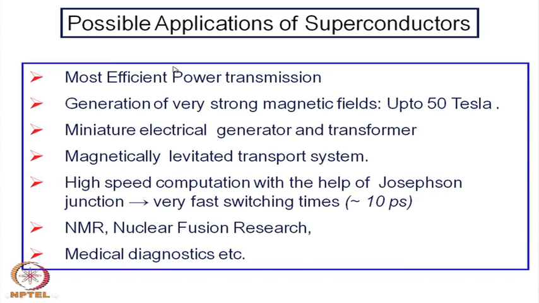So, this is one area where efficient power transmission can be done. However, it is still not very economic, because one has to understand the property of superconductivity is available only at very low temperatures. So, you need cryogenic systems.